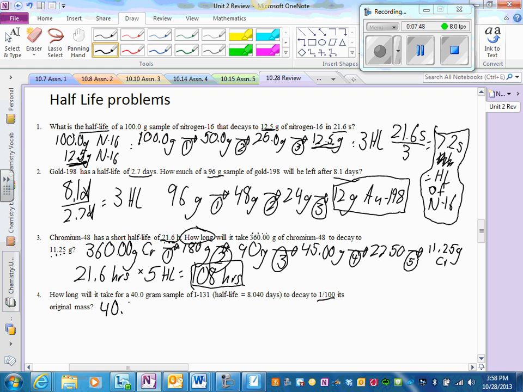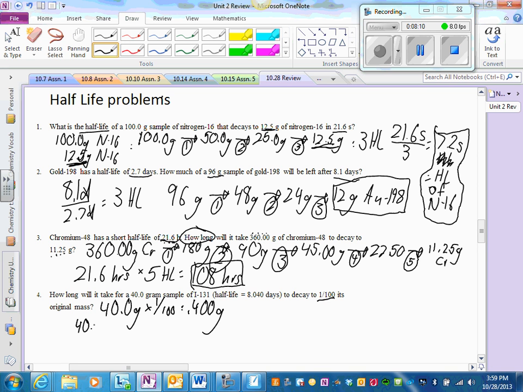So 40.0 grams. If we want to figure out what 1/100th of it is, we say 1/100th of 40. Put that in our calculator, you get 0.400 grams. So let's figure out how long it would take to go from 40 down to less than 0.400 grams.